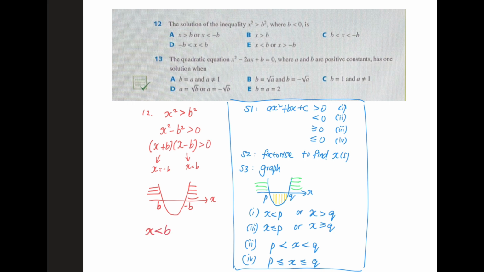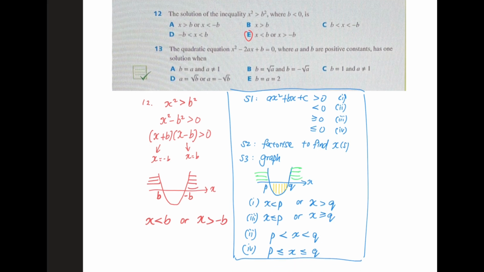Okay, it's not a mistake. Okay, x less than b or x greater than minus b. Yeah. We follow this format. Okay, so that's why the answer is like this. Okay, now let's see. X less than b, x greater than negative b. So the answer is E.